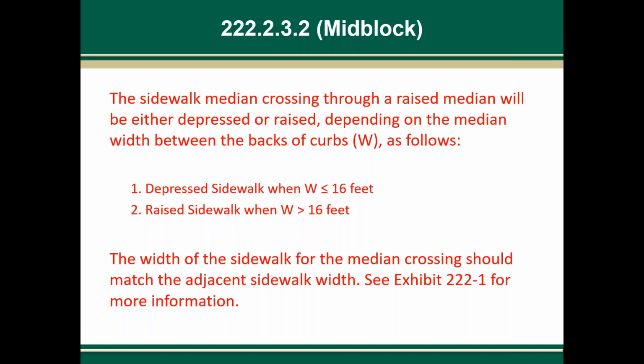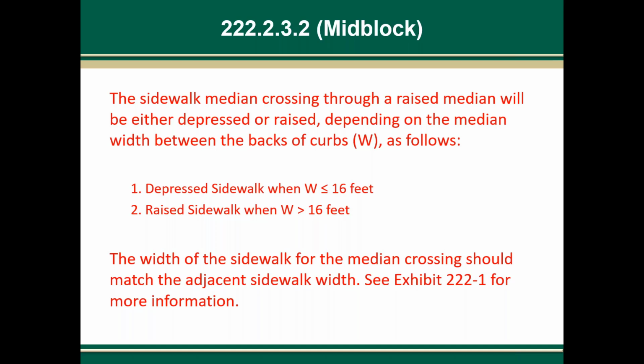The sidewalk median crossing through a raised median will be either depressed or raised, depending on the median width between the backs of curb, as follows. A depressed sidewalk when less than or equal to 16 feet, and then a raised sidewalk when greater than 16 feet. The width of the sidewalk for the median crossing should match the adjacent sidewalk width.